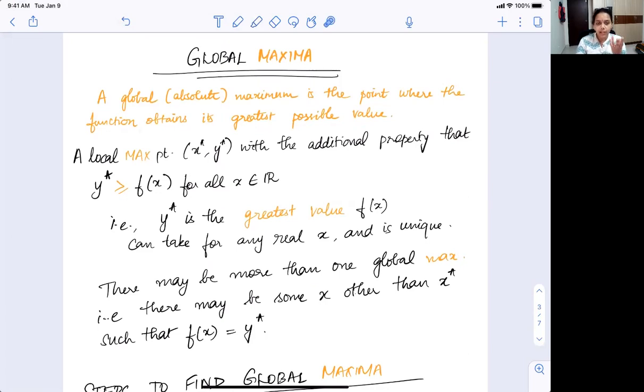So if you have a local maximum point, say (x*, y*), with the additional property that the y* so obtained at that local maximum point is actually the largest value for that function for all x that belong to the real number line or to the domain of the particular function, then that particular y*, that is, if y* is the greatest value of f(x), then that point is actually called the global maximum.